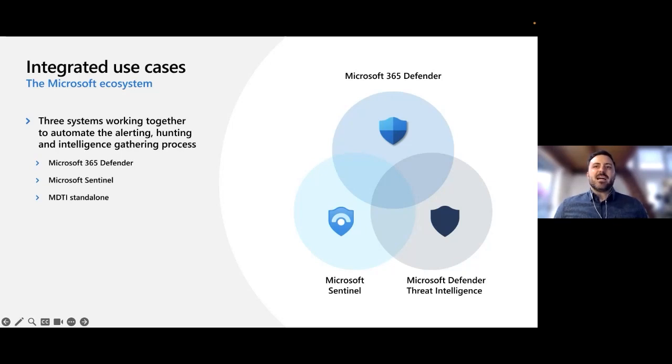Users can visualize TI data using MDTI workbooks, for example. They can automate incident response efforts such as triage using playbooks, and we'll get into a little bit more about that soon. And then MDTI standalone. Users can hunt against passive DNS and other MDTI data sets to identify related indicators of compromise, mapping an actor's infrastructure to get closer to that threat actor attribution.